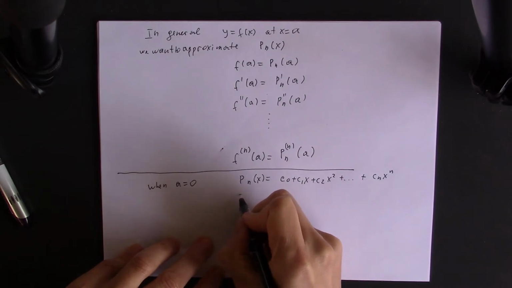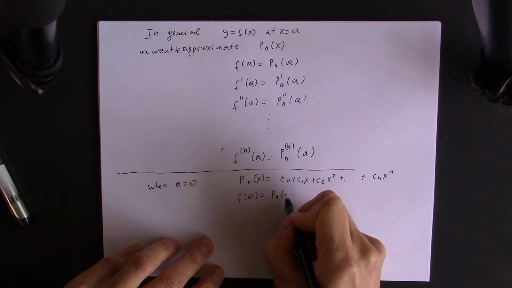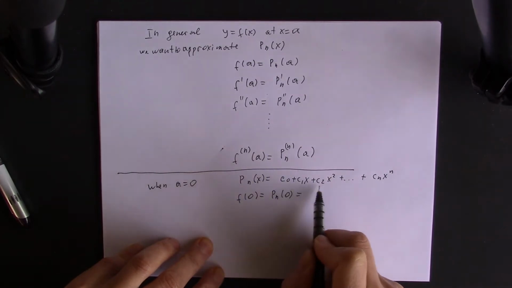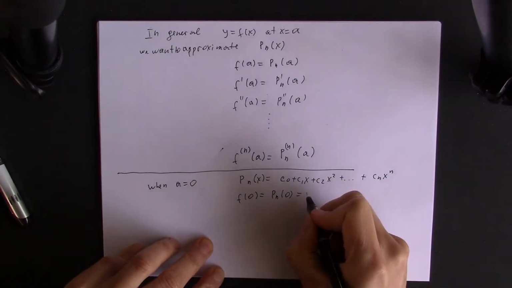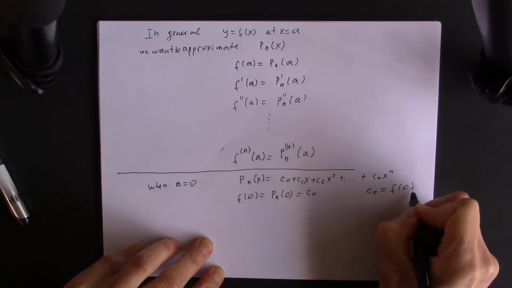Then f of 0 equals Pn of 0, and if we substitute x equals 0 here, we're going to get c0. So we conclude that c0 equals f of 0.